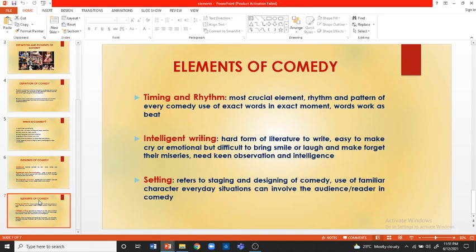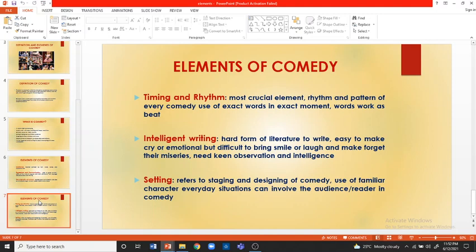There are a rhythm and pattern in every comedy. Use of exact words at the exact moment of time is effective. Look here once again. Use of exact words at the exact moment is very effective.